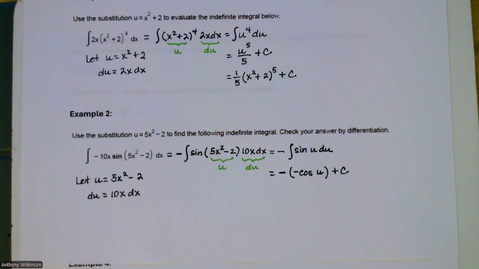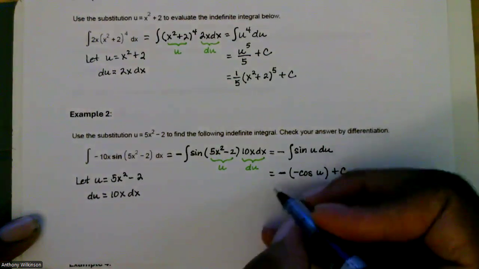Back in section 4.9, make sure that you look over that set of notes for section 4.9, because the integral of the sine of u du will be negative cosine of u. Now we got a negative of a negative. That's going to be positive.